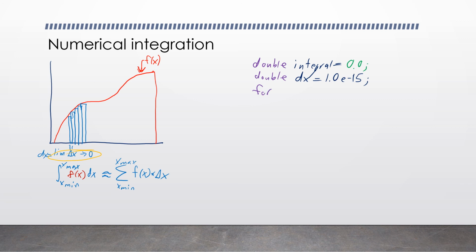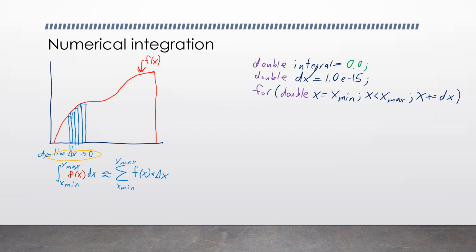So for double x equals x min, whatever we decided our x min was, x is less than x max, whatever we decided our x max was. Note we want that to be a less than and not a less than or equal, because we'd be double counting if we included x max. And for each step, x plus equals dx.